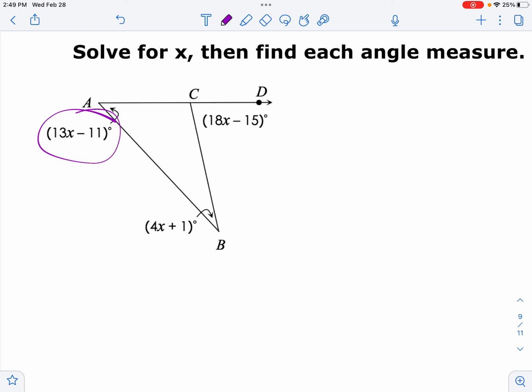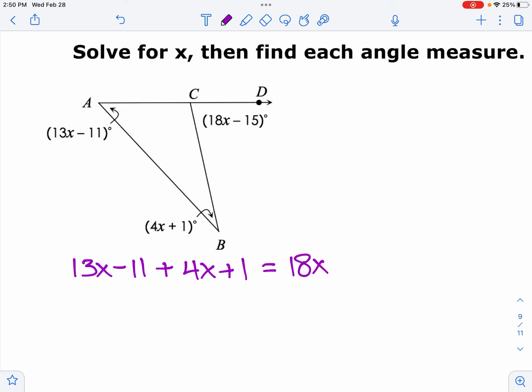So that's what I'm gonna write. So we're gonna go, let's see, 13x minus 11 plus 4x plus 1. That has to be equal to 18x minus 15.